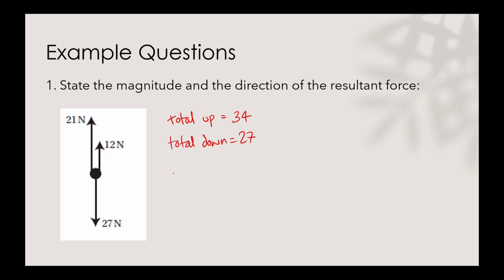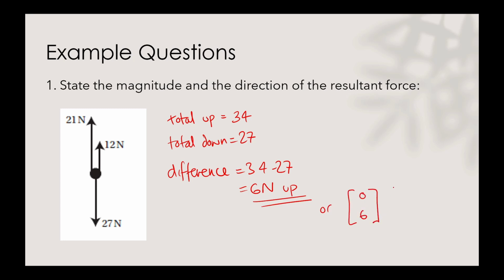In terms of the difference, it's 34 minus 27, which gives us an answer of 6 newtons. We then need to state the direction, so it's 6 newtons up, or you can write it as a vector of (0, 6). And you can then write this as 0i plus 6j, should you want to use more vector notation.